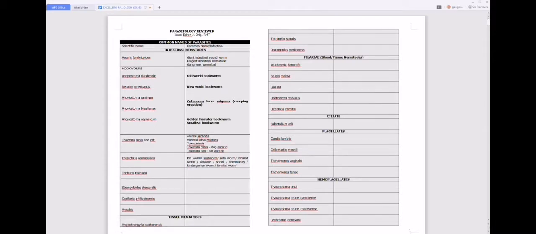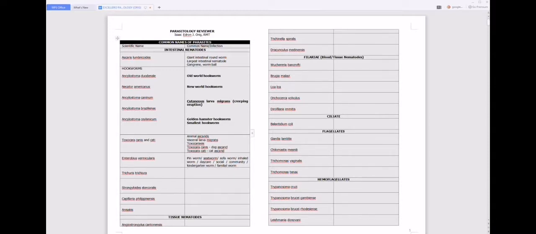Kasi madali siyang i-transmit to other people. That's why social, community, daycare, kindergarten, because since nasa perianal part siya, it can stick to a lot of surfaces that people can touch. So, di ba, pag matouch nila, they can get the eggs and then they can ingest the eggs. Kasi madali lang siyang matransmit na worm. Okay?